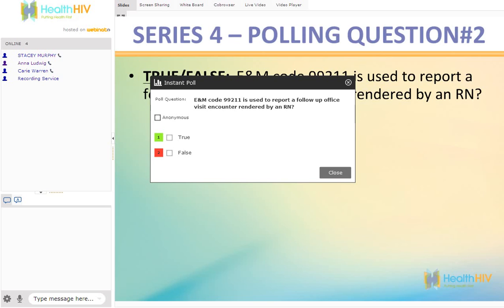Typically, it would not be a code that's reported by providers, because this is a service that doesn't really require the necessity of a physician to perform anything.